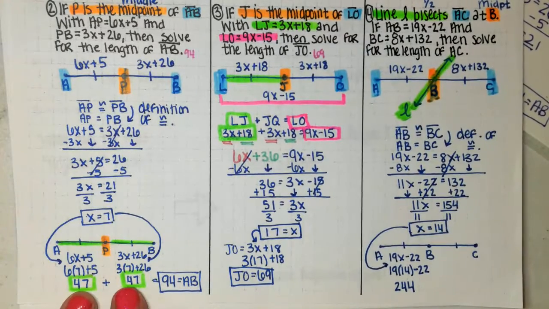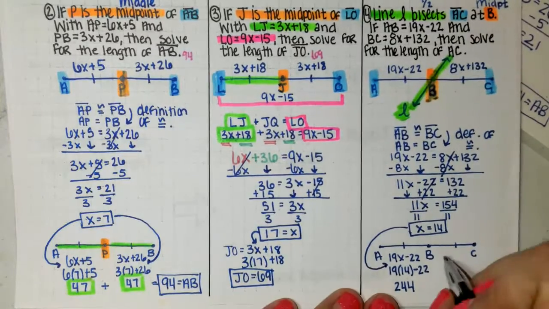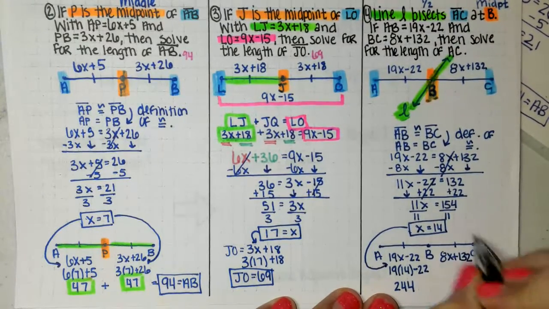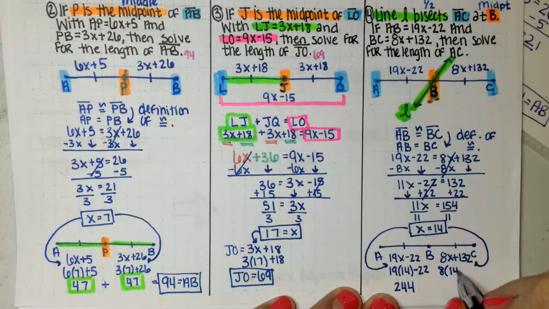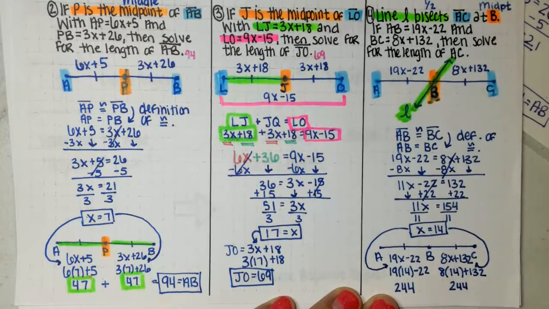Now, you can plug it in again to see if you get the same answer or trust that your x value is right. Personally, I like to make sure that my x value is right. So I'm going to plug it in over here as well. So 8x plus 132. Take that x, plug it in. 8 times 14 plus 132 is also 244.